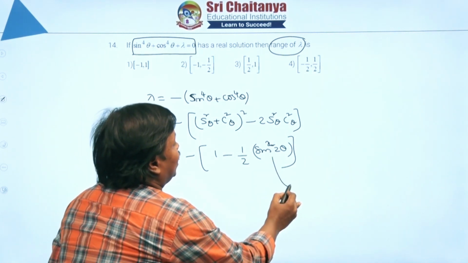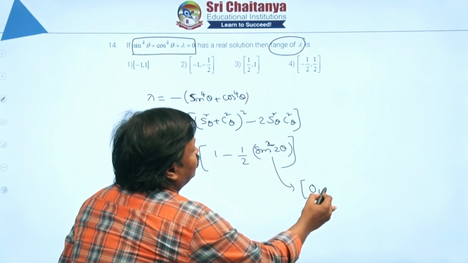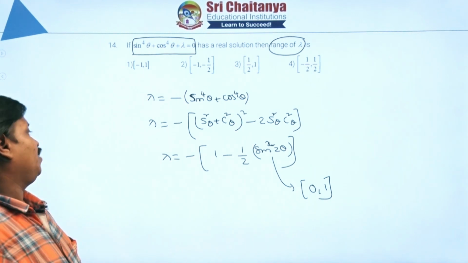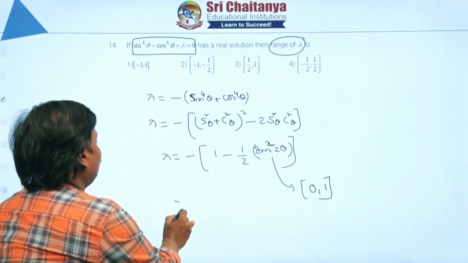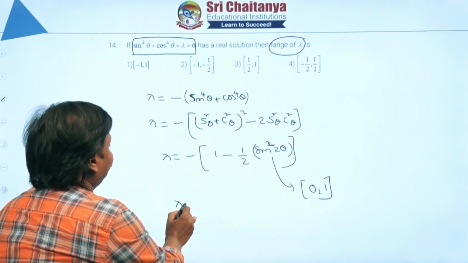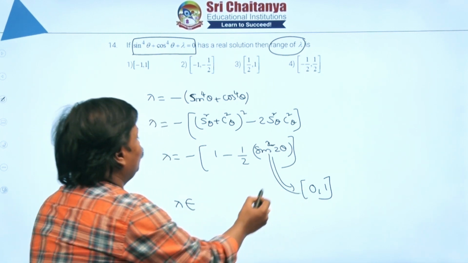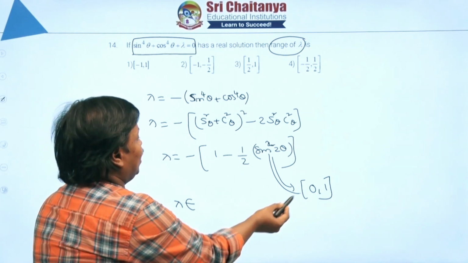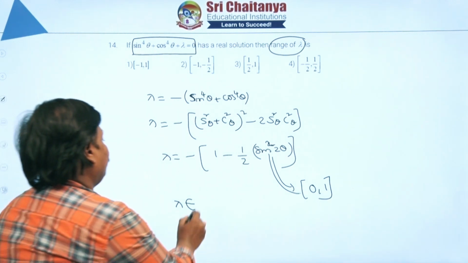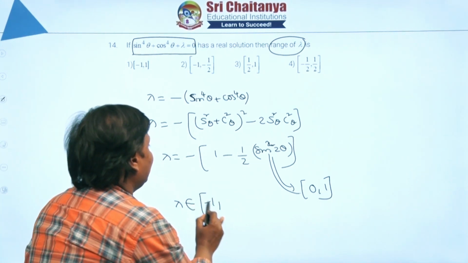So the range of sin square 2 theta is 0 to 1. If I substitute 0, you will get the value of lambda as minus 1. That is the minimum value.